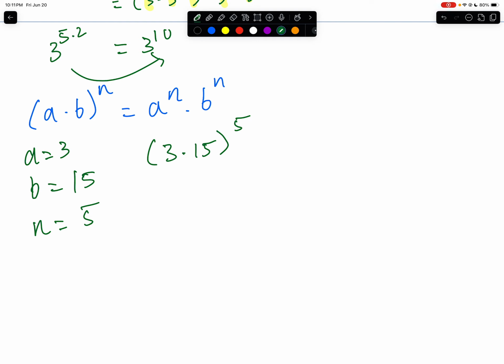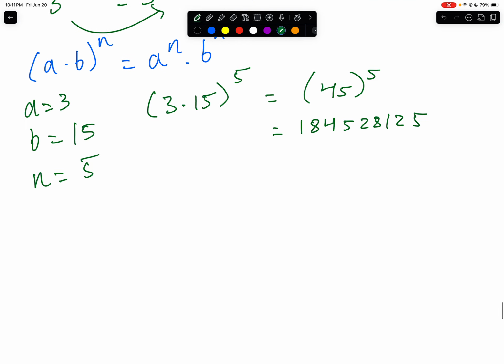So if we actually did the computation here, 3 times 15 is 45, 45 to the 5th. I probably should have picked a smaller number, but if we do 45 to the 5th here, we'll just get this huge number, 184528125. I don't know if I'm off on this. Just use a calculator.